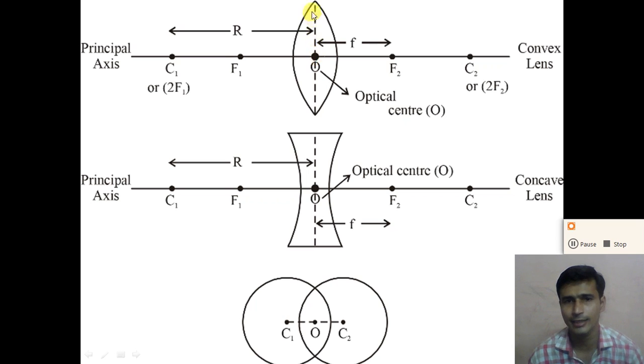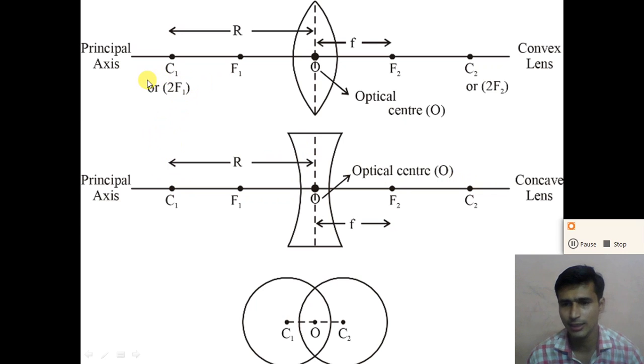So dear student, next is the center. The center of the lens on the principal axis is called the optical center O. Similarly, in the concave lens, the center of the lens on the principal axis is called the optical center, denoted by O. So understand what the principal axis and the optical center are.